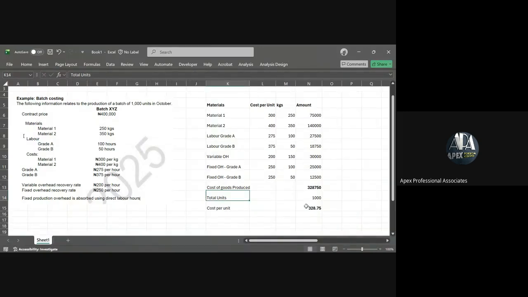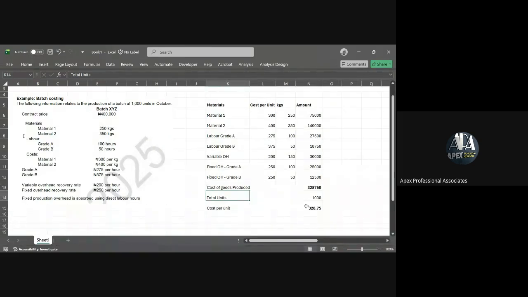And they say cost of goods produced is, and they put different options there. If you don't know the calculation, you will not be able to pick the correct answer for the cost of goods produced. The same thing applies to cost per unit. They will ask you, the cost per unit is what? They put it inside an option.